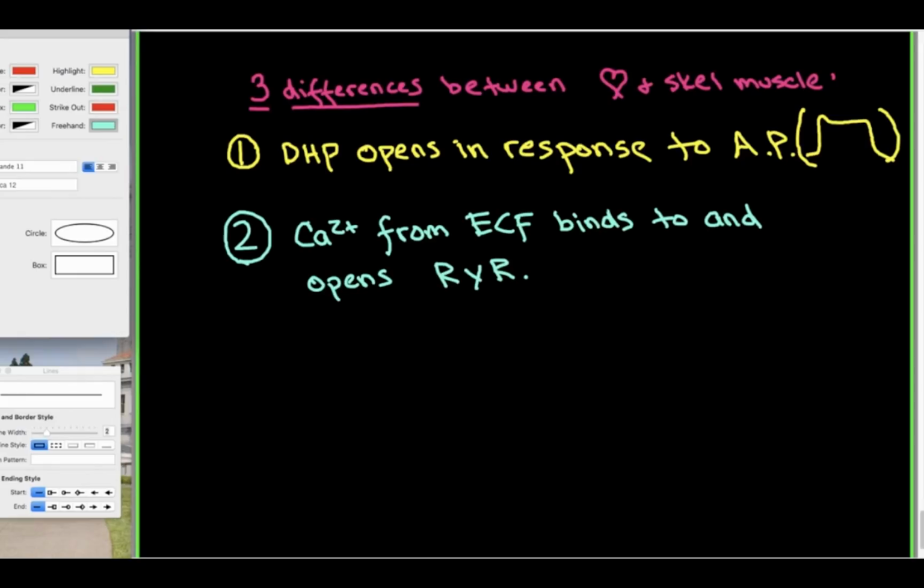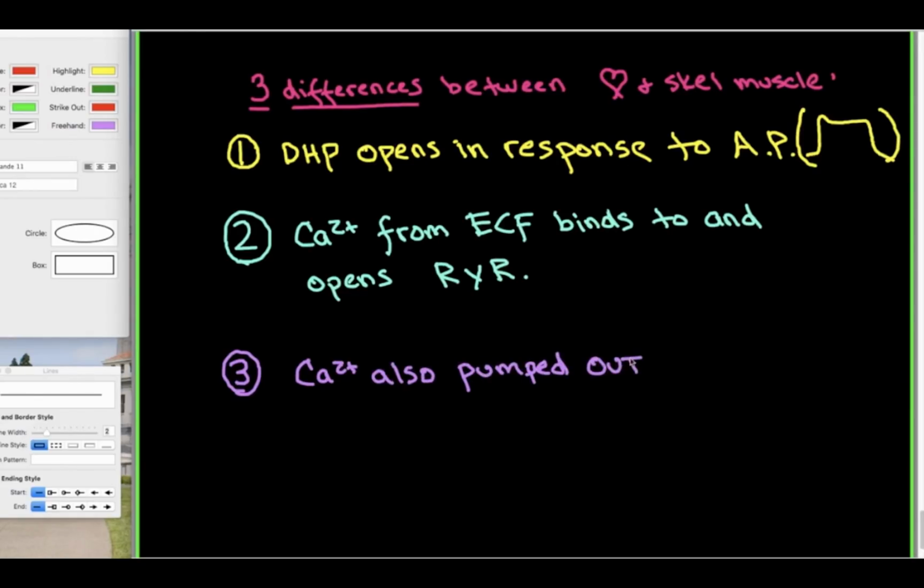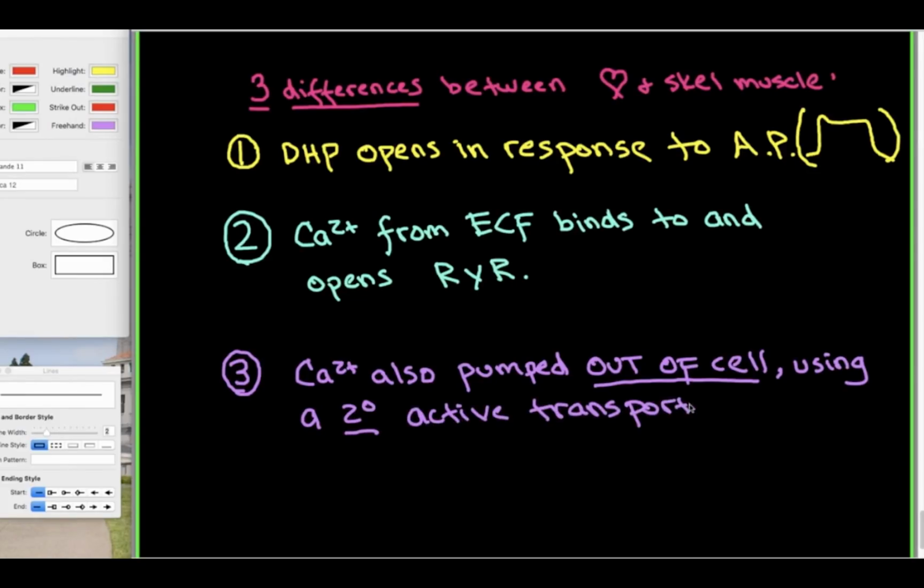This is different in cardiac muscle. The last difference is that in cardiac muscle, the calcium also must be pumped out of the cell, not only back into the SR, but it must be pumped out. And we're going to use a secondary active transporter to make that happen.